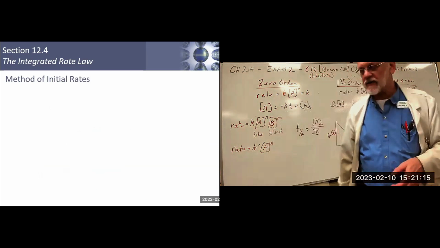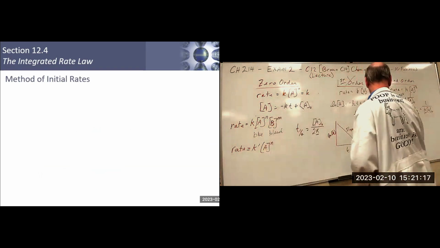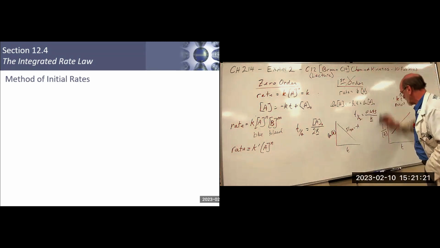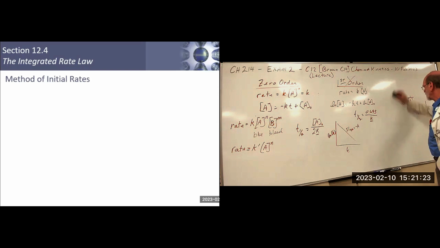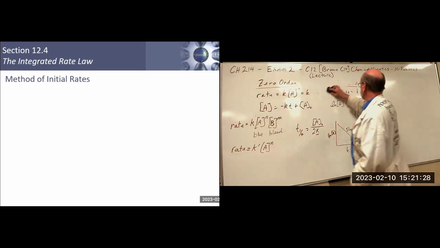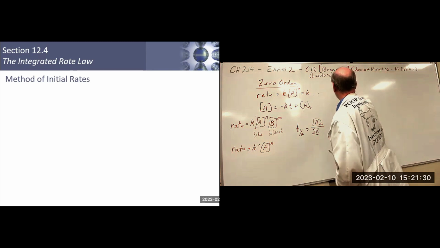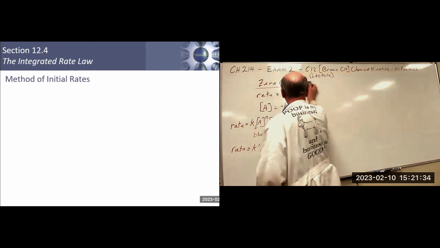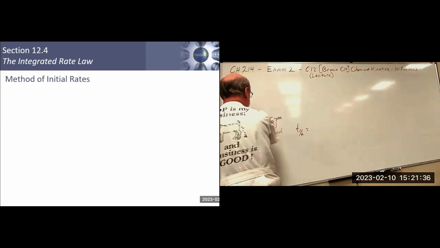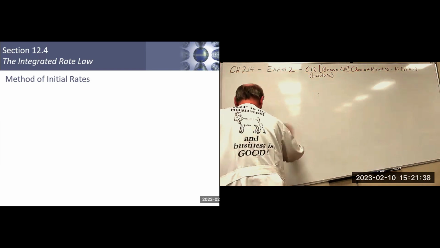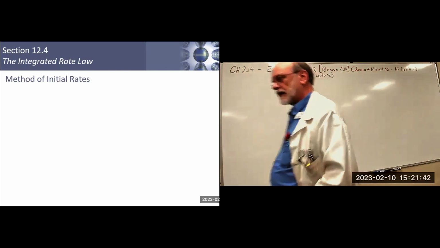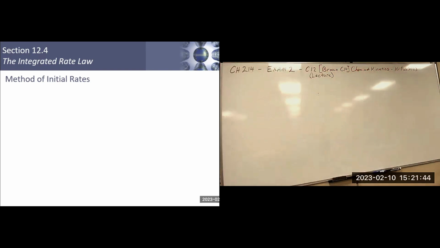Now, here's a discussion of method of initial rates. I think I'm going to have to erase this now because I'm going to need board space. Unless this is also animated in the slides, I'm not sure yet. Let me see if it's got an animation.